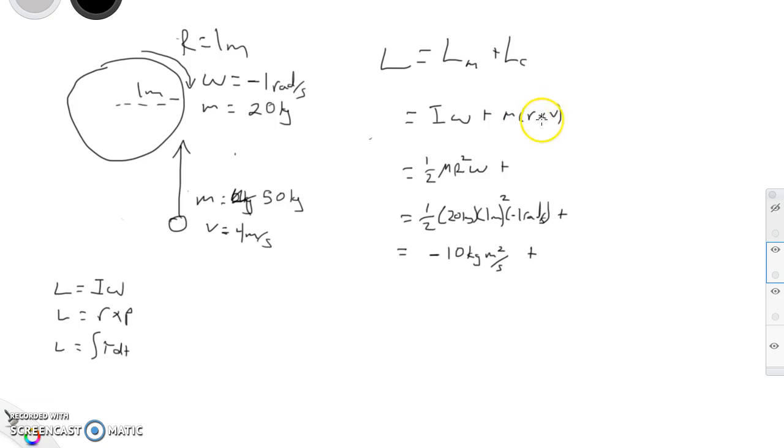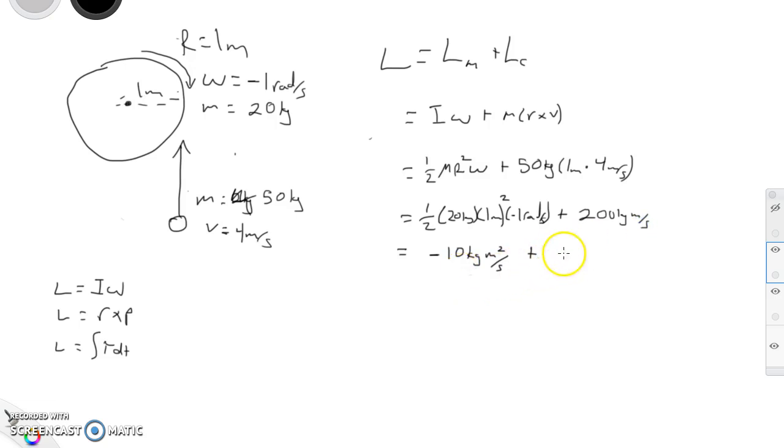It has a mass of 50 kilograms, and a radius of 1 meter because they're going to pass within a meter of this rotational axis that we're using. That's perpendicular to their velocity of 4 meters per second. So this child will have an angular momentum of 200 kilogram meters squared per second.